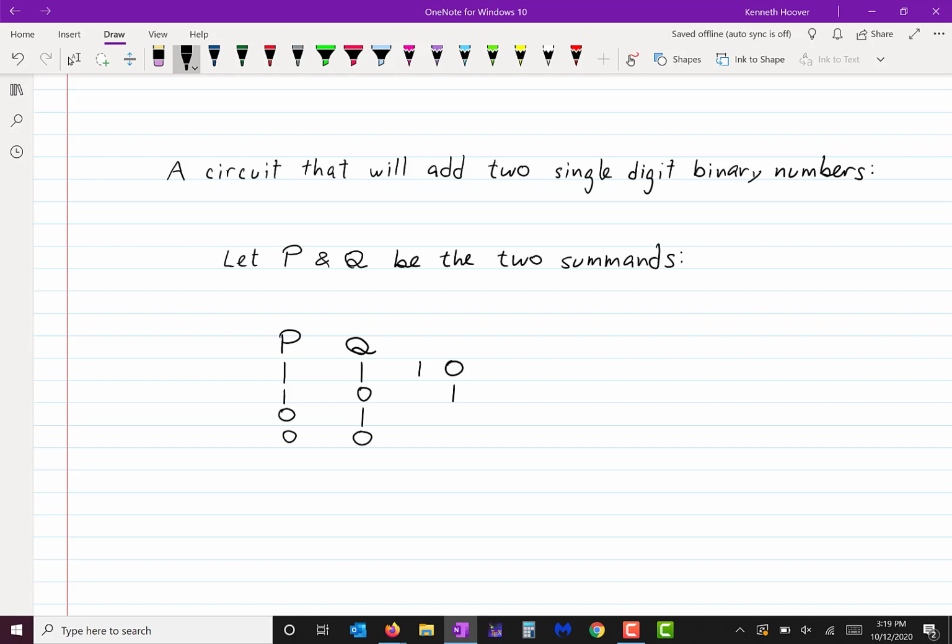So I'm going to write 0, 1. 0 plus 1 is also 1, and 0 plus 0 is 0. So these are our summands, and this is our sum.